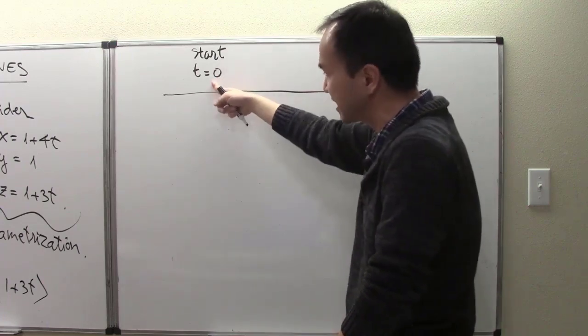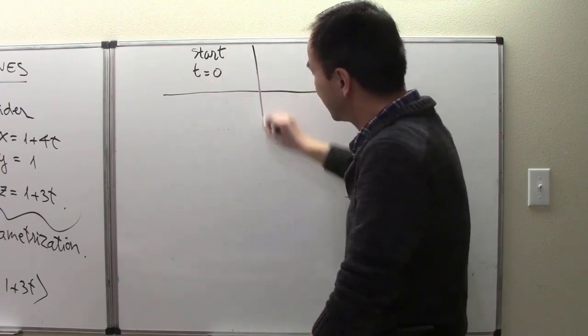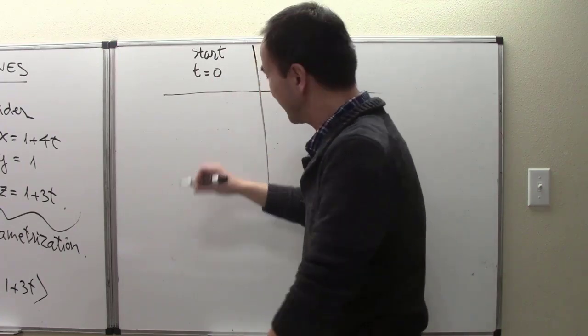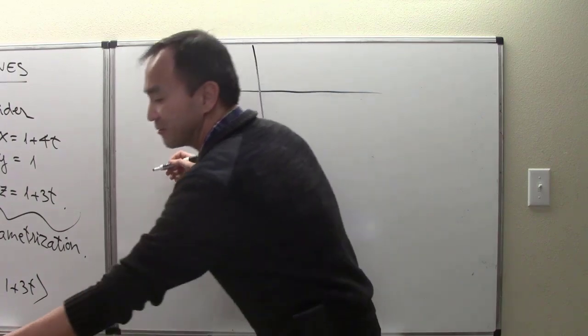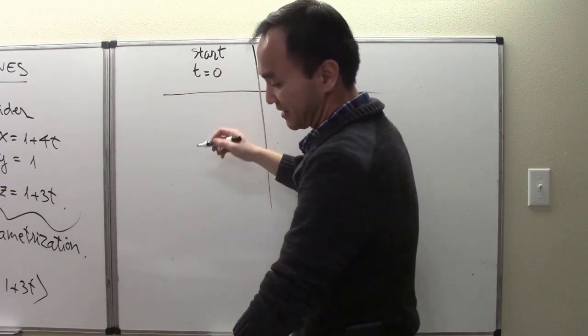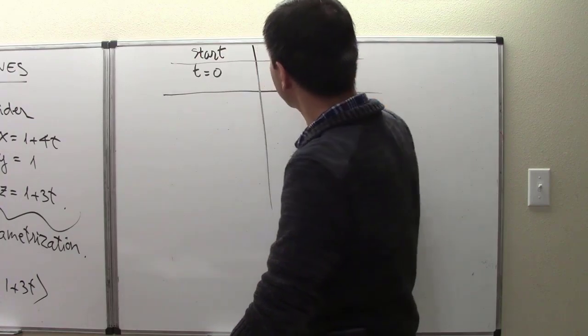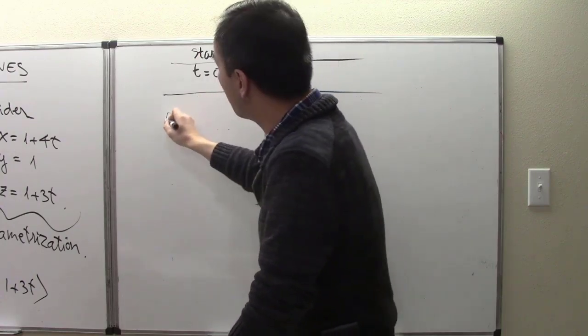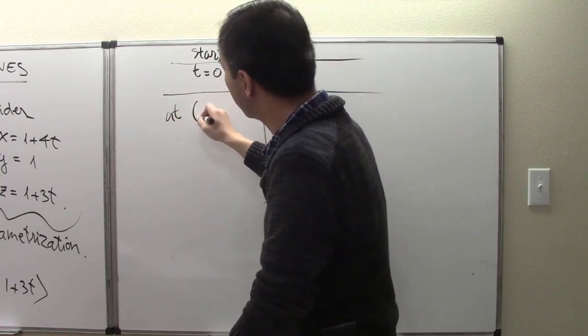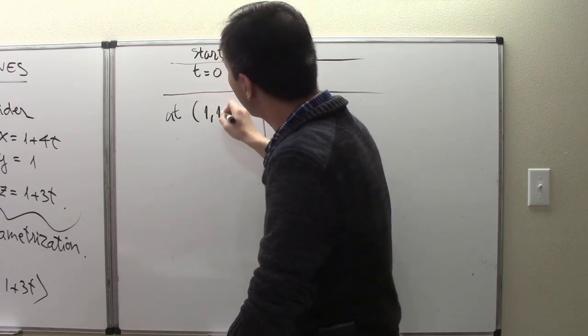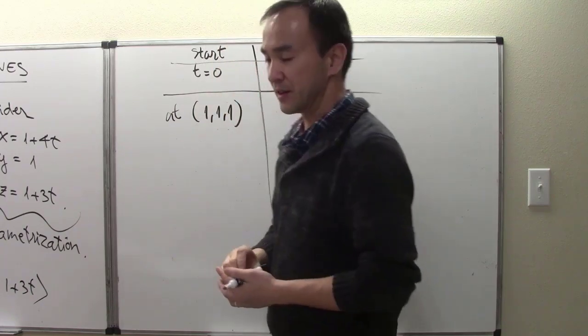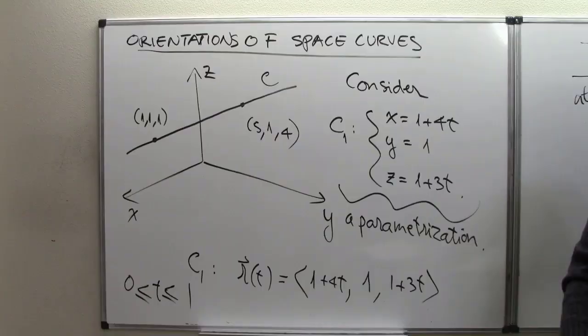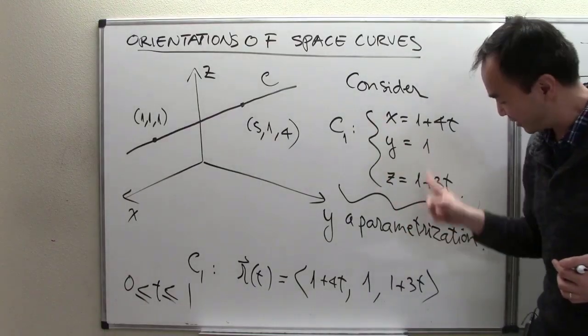When we start at t equals 0, according to the system, we are right at (1, 1, 1) for x, y, and z, calculated from this system of equations.